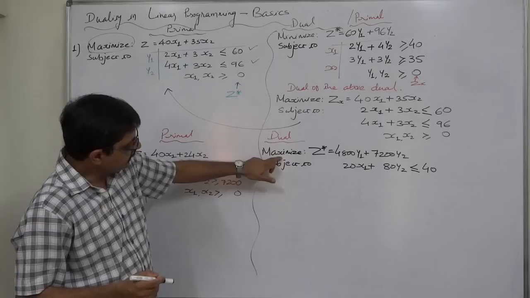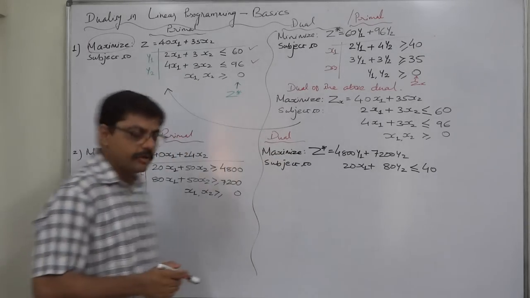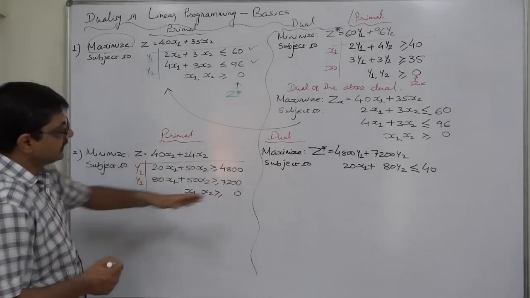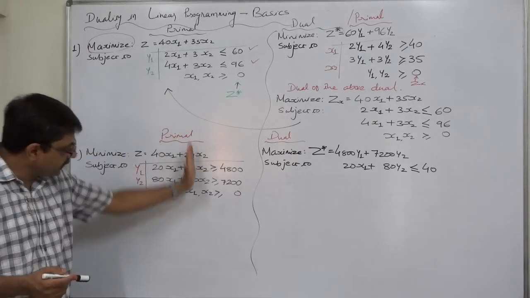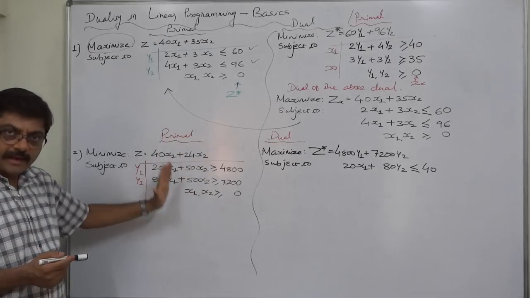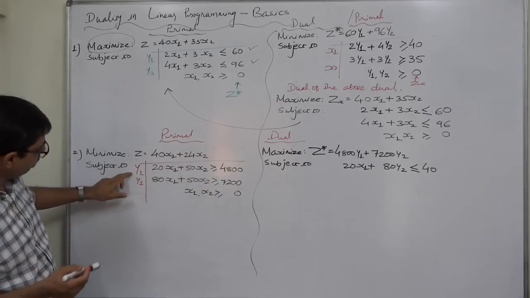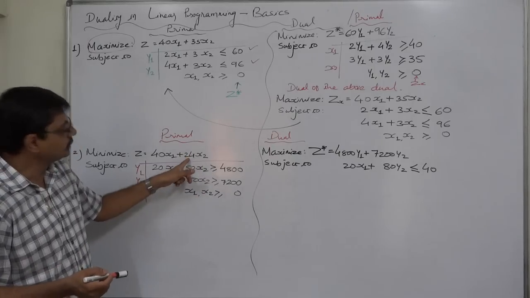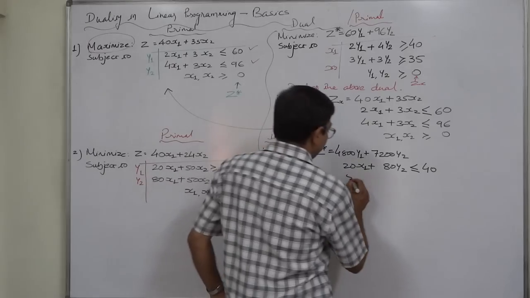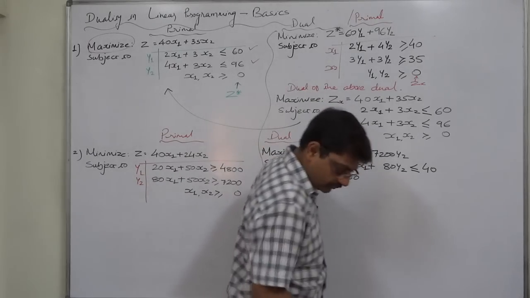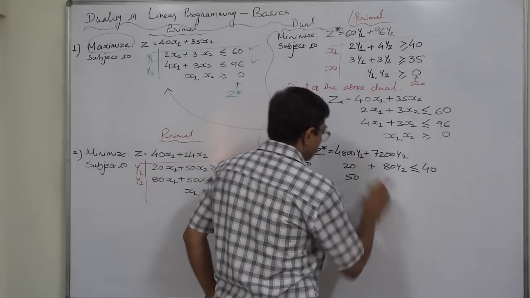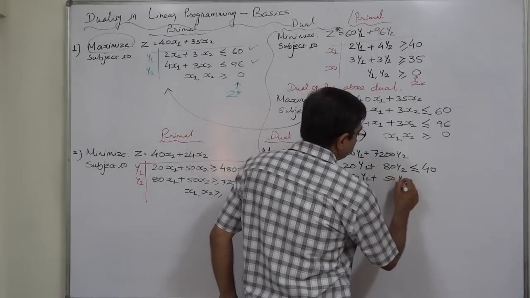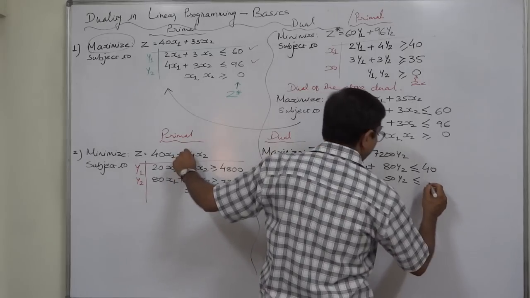Now the objective is maximization, so the sign will be less than or equal to, exactly opposite to the sign in the primal. The second constraint will be written on the basis of the second decision variable in the primal, that is x2: 50 y1 plus 50 y2 less than or equal to 24.